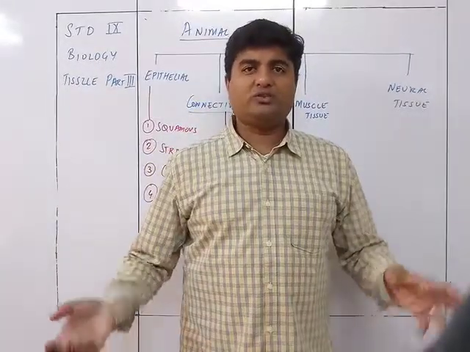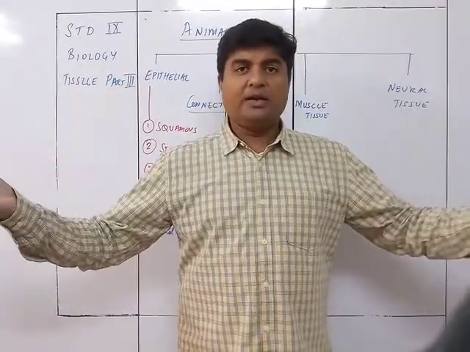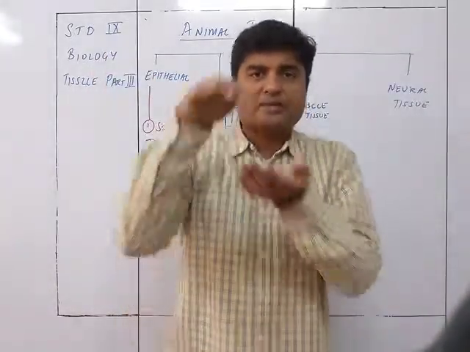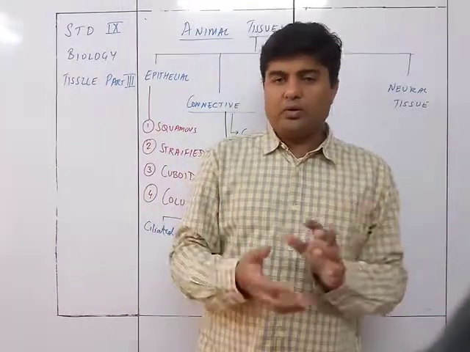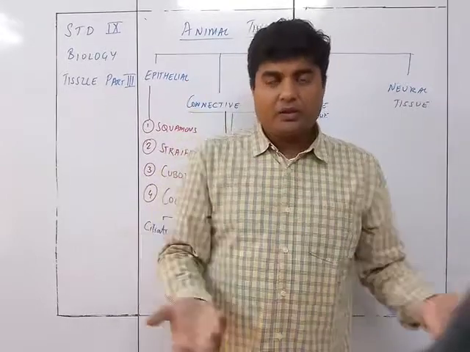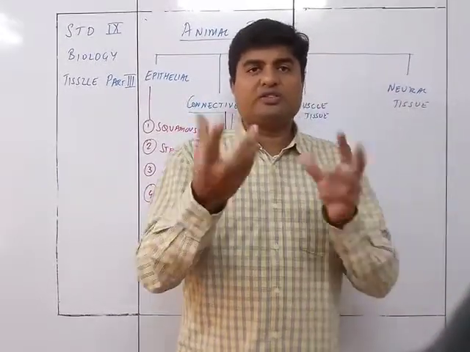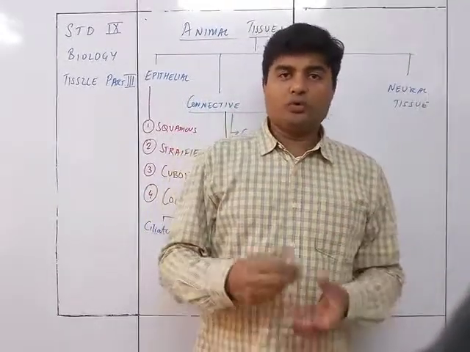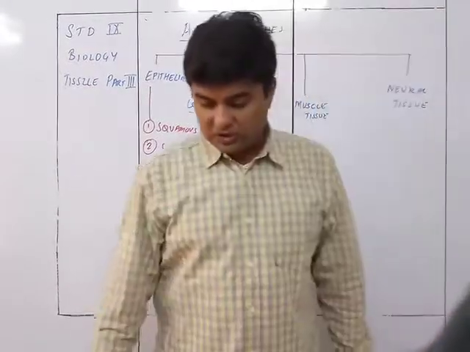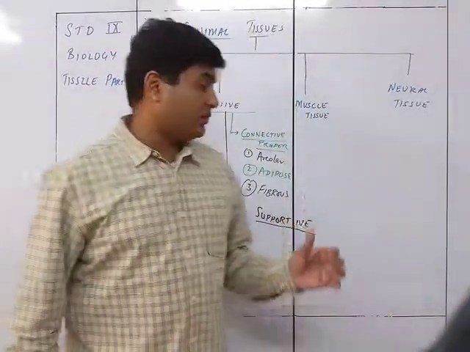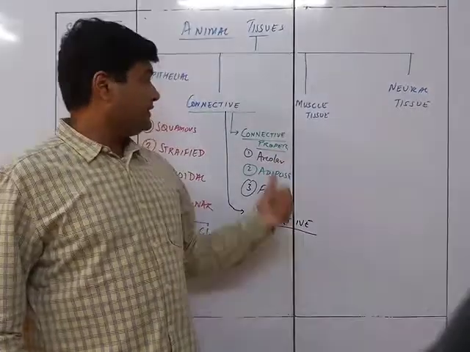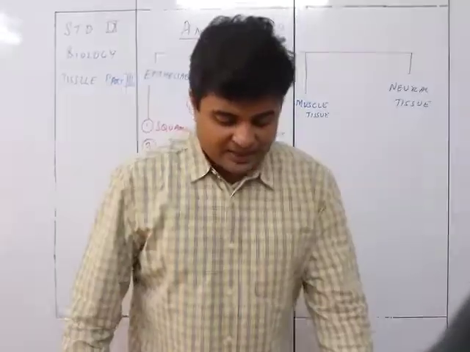The bones are there, that's why you are standing like this. If there were no bones, you would just be drooping, like a jelly. Your whole body would be a jelly because it would be just muscles and no bones. So we have a structure because of bones. That's why we say the supportive connective tissues are cartilage and bones.